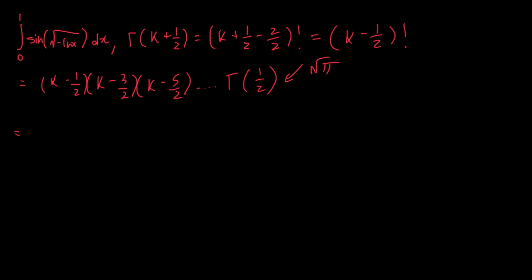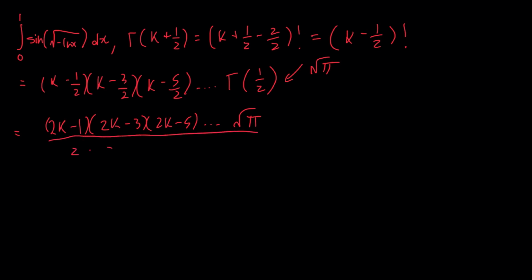So we can rewrite this as 2k minus 1 times 2k minus 3 times 2k minus 5 times the square root of pi over 2 times 2 times 2 times 2. So we have a 2k minus 1 double factorial times the square root of pi over 2 to the k. So that's gamma of k plus 1 half.